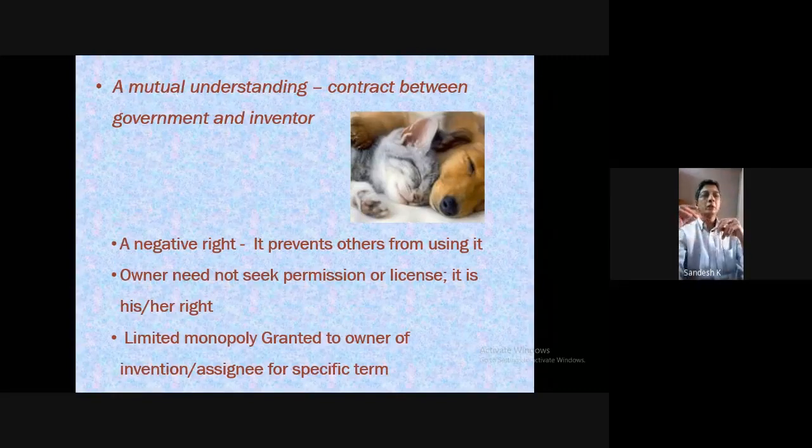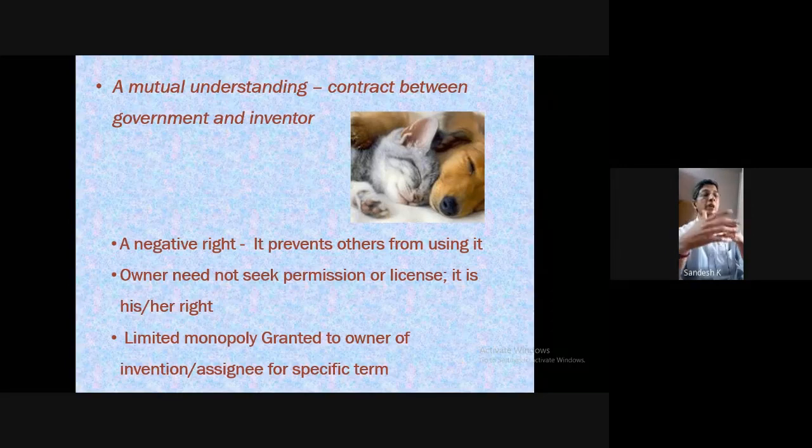So I want to conclude maybe in one or two slides now. For every IPR, whatever we are talking about, it is a mutual understanding between the government and the inventor. The inventor says, I will disclose my invention, what are you going to give? The government will say, you disclose it, we'll give you protection for a certain specific time. We'll see that others will not infringe on it.